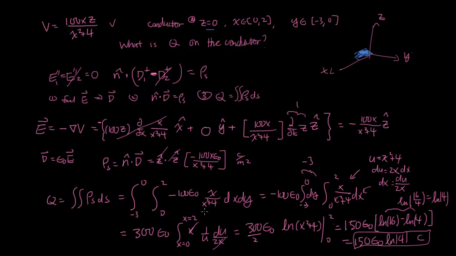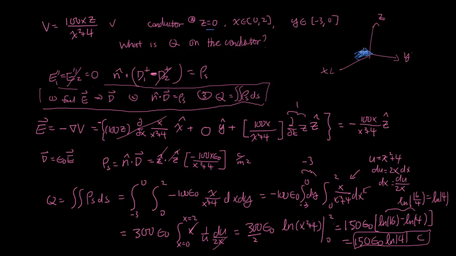The main thing I want to emphasize again is the process. The main point of this exercise is that you're given a potential, and you want to find the charge on a conductor. That should trigger this kind of strategy in your mind: you're given the potential or some other quantity that allows you to find the E field and electric flux density.